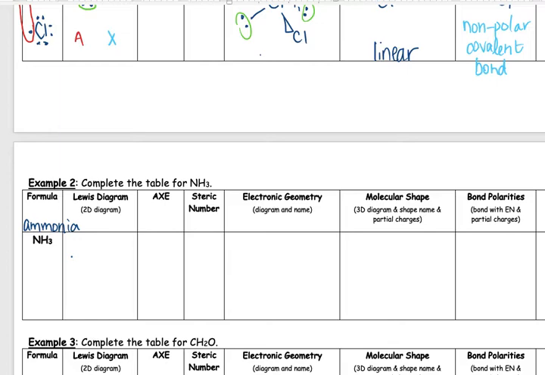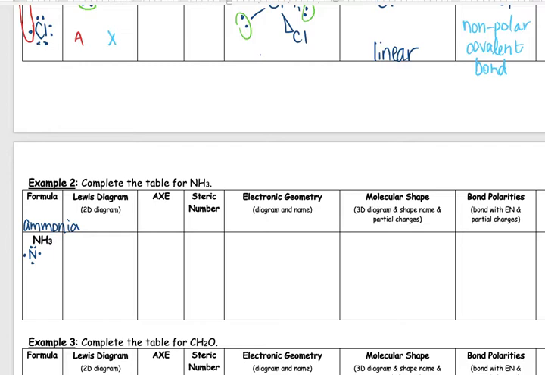Again, same thing, let's go through the steps of creating a Lewis dot diagram. Nitrogen has 5 valence electrons, and there are only 3 bonding sites, so one site is already taken up by the lone pair.